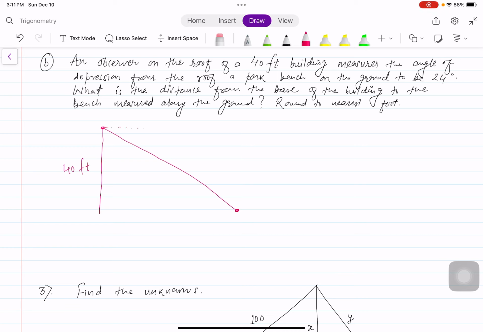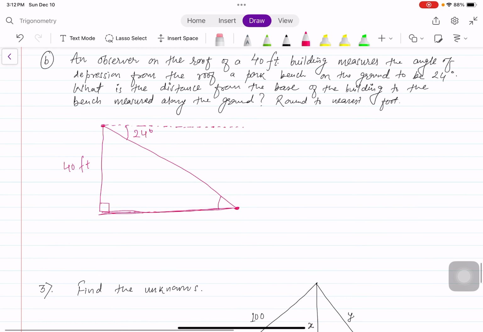So if this was the horizontal, this is 24 degrees. If you join the horizontal line at the ground, this being 90 degrees, since these are parallel lines, this imaginary line and the horizontal line on the ground, they make alternate angles, and this angle also turns out to be 24 degrees.